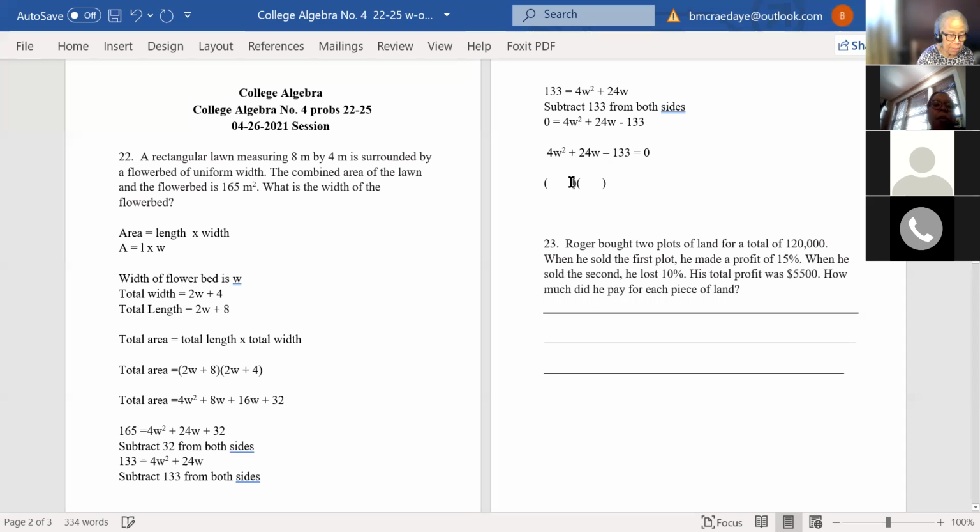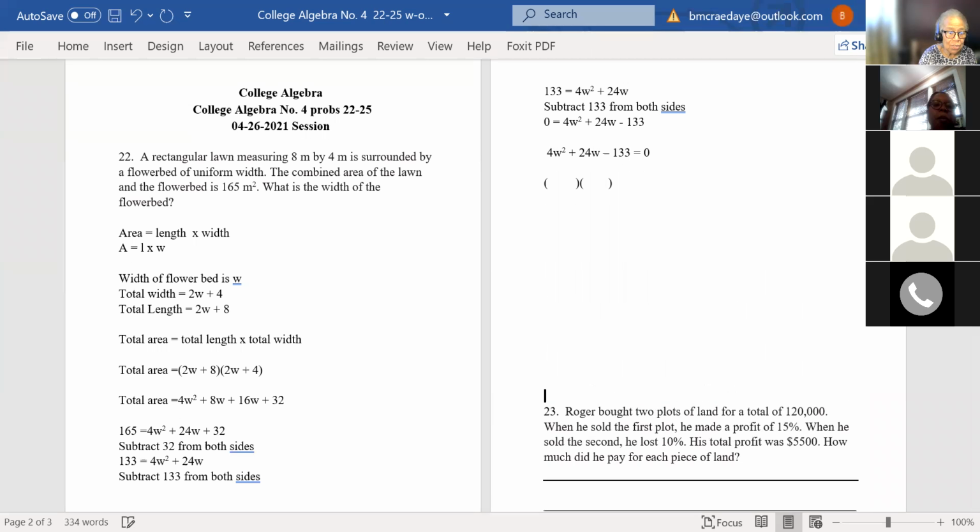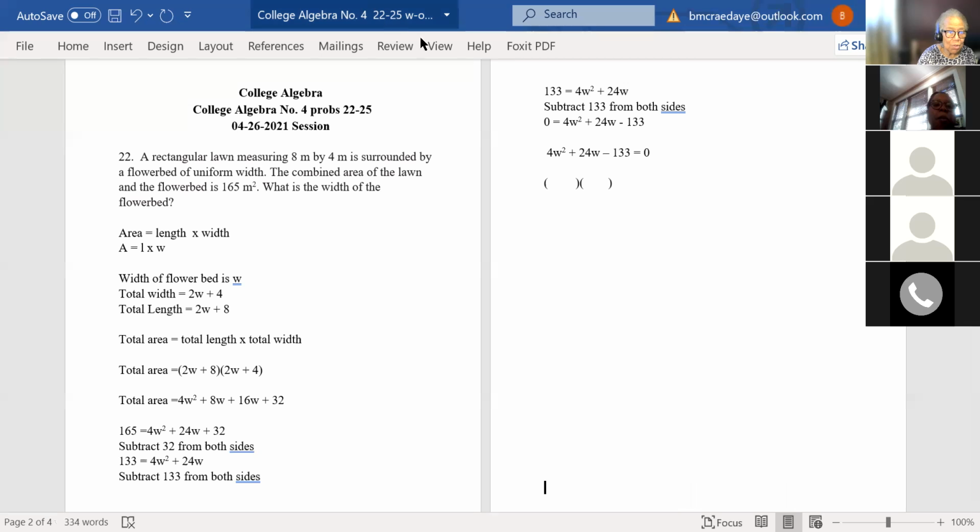Okay. Now, Audrey, what are the factors? What are the factors of this quadratic? 4W squared plus 24W minus 133 equals 0. What are the factors? Well, you know the first one.